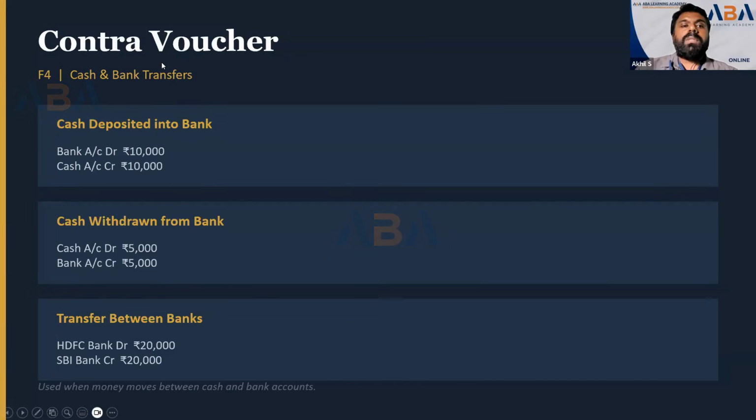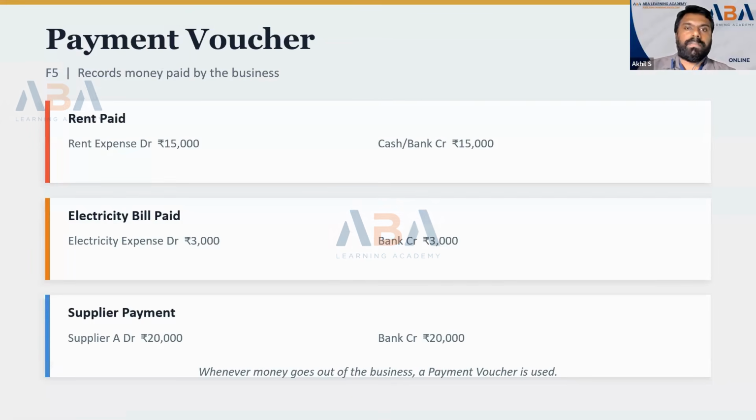So next one is payment voucher. As the name suggests, all sorts of payments. If money is going outside from your hand to a third person, if you are giving some amount to a third party, all those transactions must come under payment voucher.